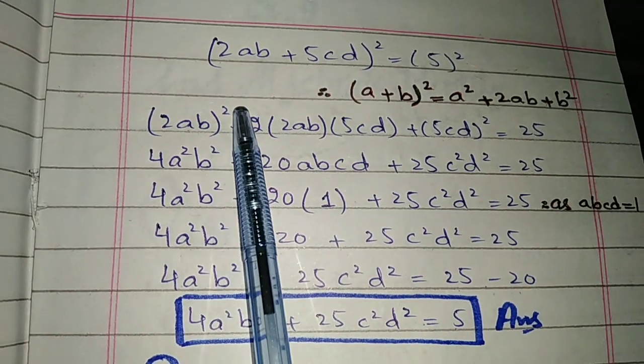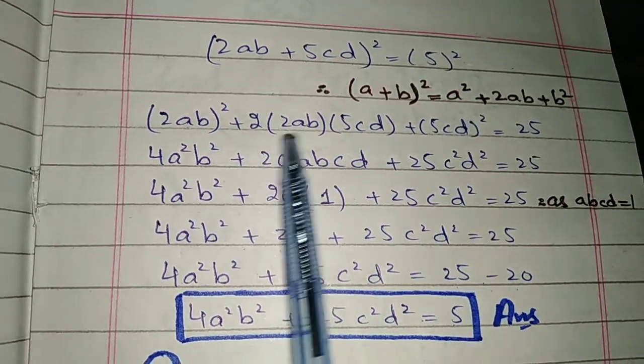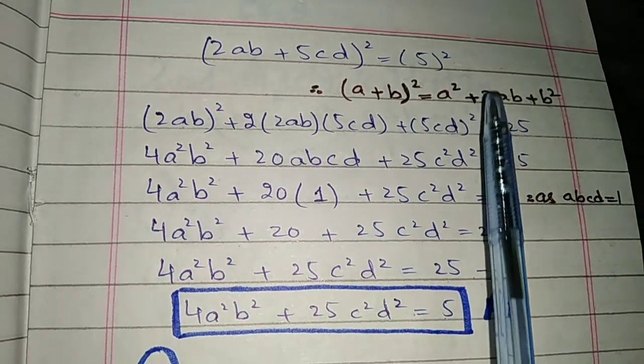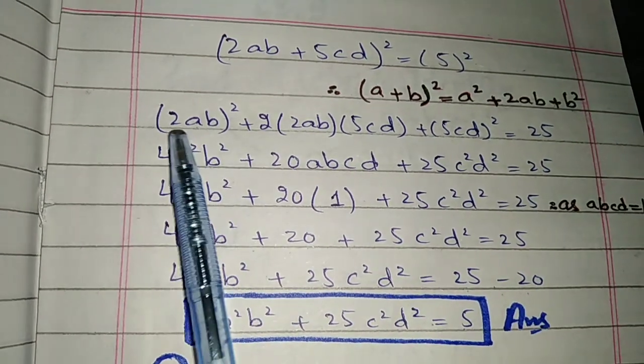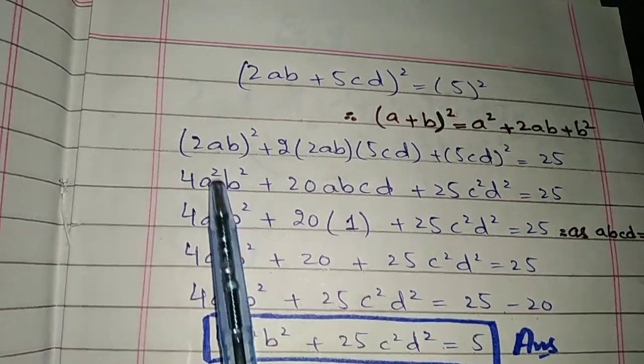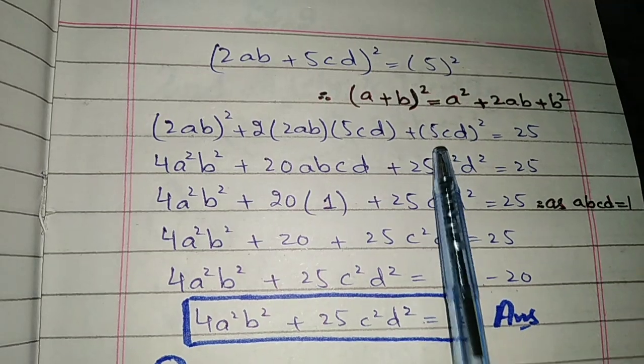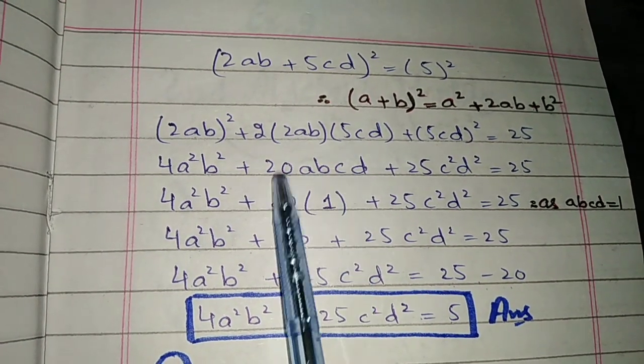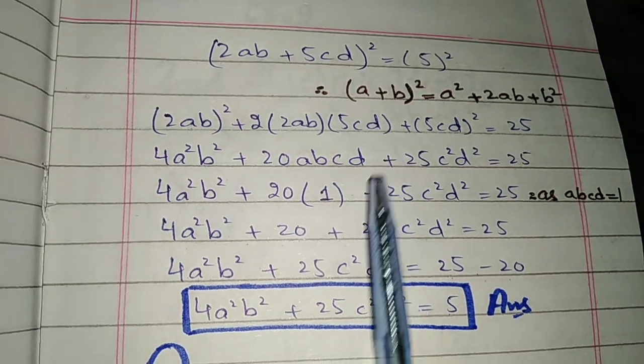So (2ab) square plus (5cd) whole square plus 2, according to the formula, 2ab in the first bracket and 5cd in the second bracket, and the square of 5 is 25. Now 2 2s are 4, a square b square, 5 5s are 25, c square d square, 2 2s are 4, 4 5s are 20, abcd.